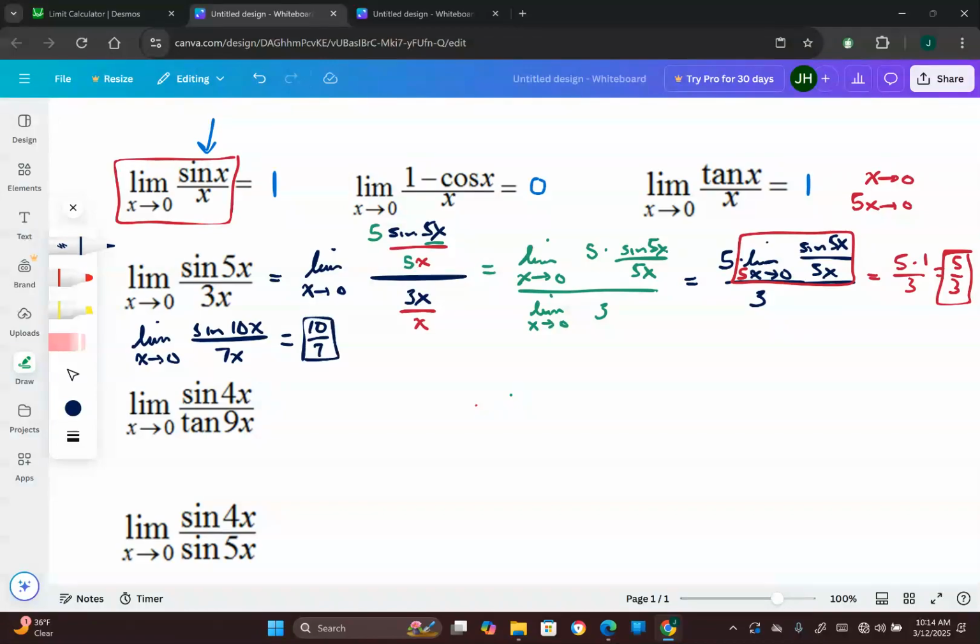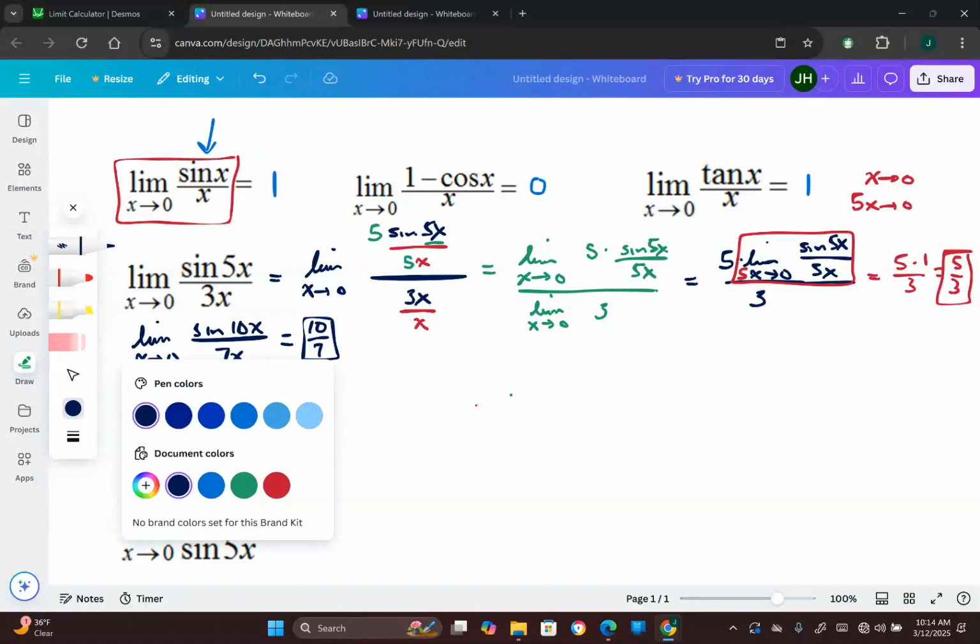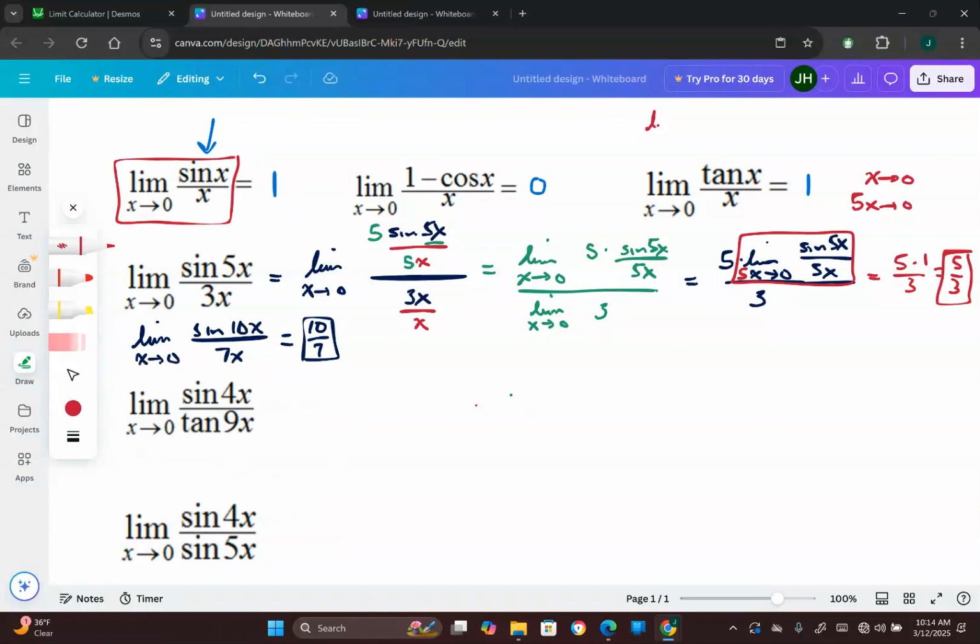It's that quick and easy. Could I do the same thing with tangent of x over x? You'll notice at the top of the screen, I've got this tangent of x over x equals 1. Well, what if I put the limit as x approaches 0 of just tangent of 9x over x? What happens if I throw a 9 in there? What do you think? All the same rules, this is going to come out to be 9.